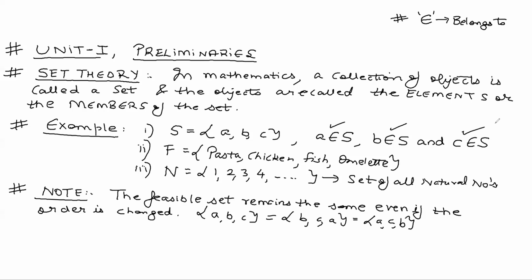Elements are usually denoted by small letters. A set can consist of numbers also, alphabets also, letters also. And the last thing we have done is that the set will remain the same even if I change the order. Whether I write the set of A, B, C or B, C, A or A, C, B, it is going to be the same.